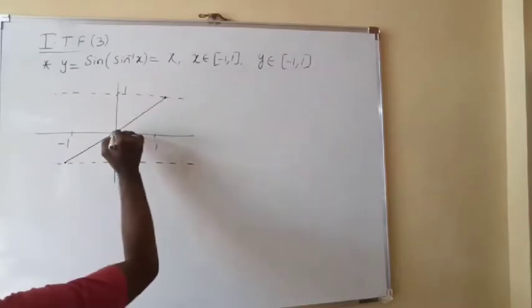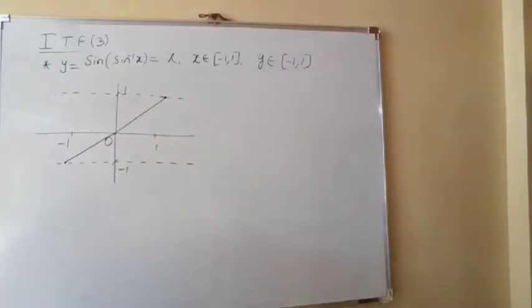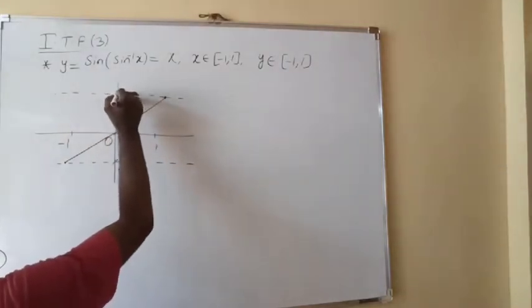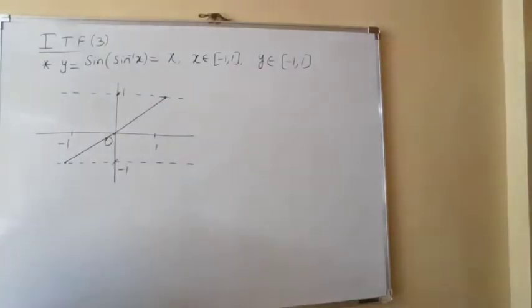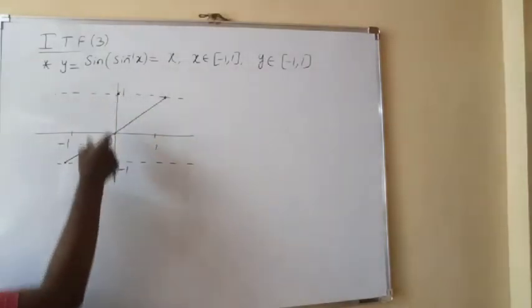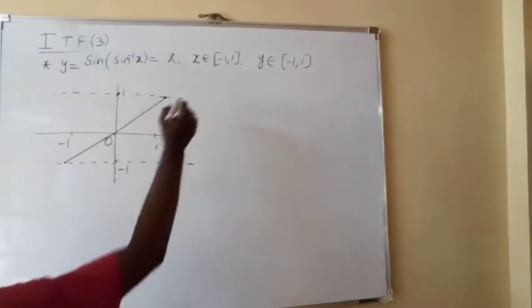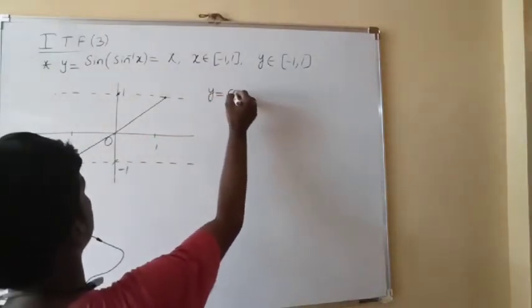This is the graph of y equal to sine of sine inverse x, nothing but y equal to x, where x belongs to closed interval minus 1 comma 1, and y also belongs to closed interval minus 1 comma 1. And the graph of cos inverse x is also the same.